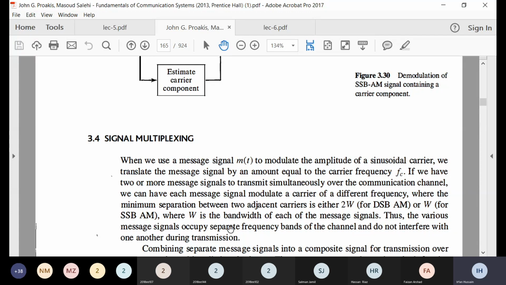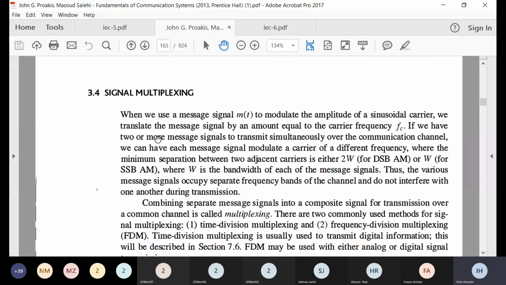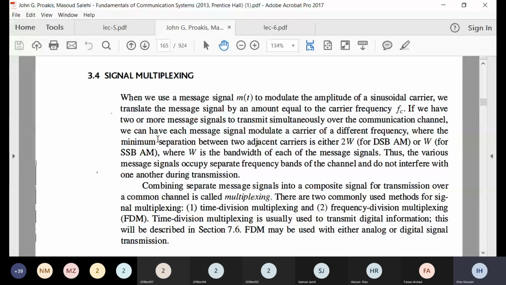So the various messages will occupy several frequency bands. They will not interfere with one another, and hence you can multiplex multiple signals over a communication channel. For example, nowadays with optical fiber, they are giving you a bandwidth of 10 MB or 20 MB.